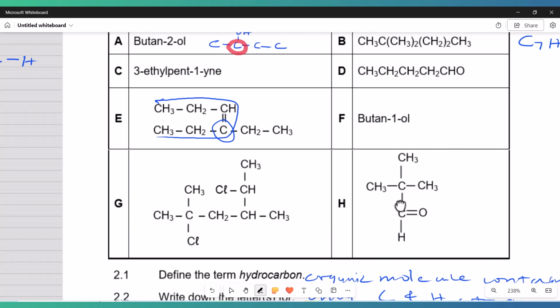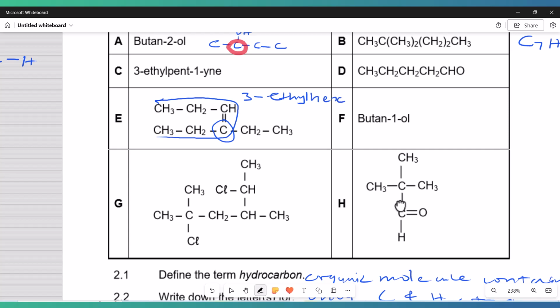So what could be the name now? You're going to say 3-ethyl. Because there are 6 carbons in the longest chain, I'm going to say hex.